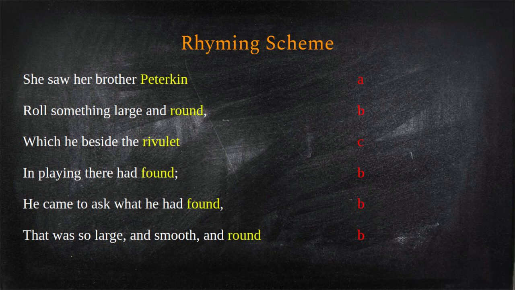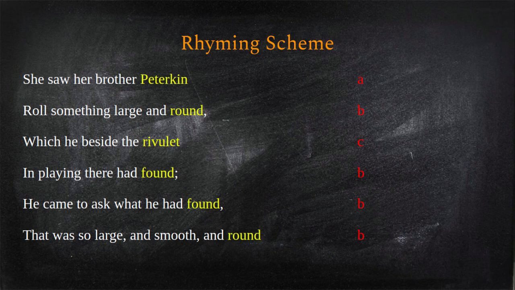So what letter have we given to the fourth line? B. So the fifth line will also have letter B. Round also rhymes with found, and in the second line also the word round is used. What letter have we given in the second line?